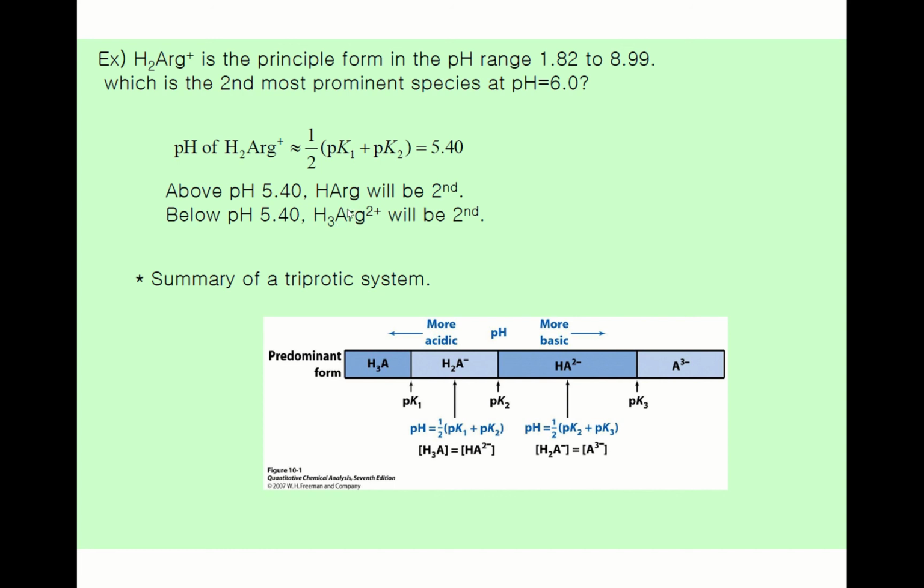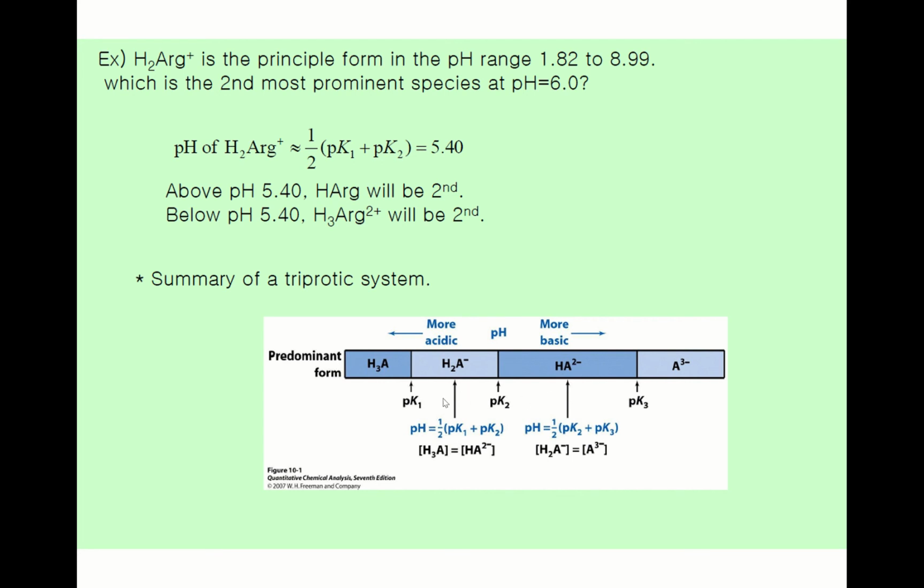Monoprotonated arginine is what? So we have to calculate the distance between this pH and our pH, which is 6. All right, so let's look at this figure again.